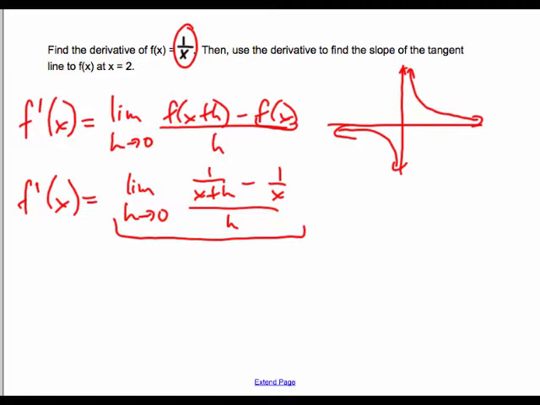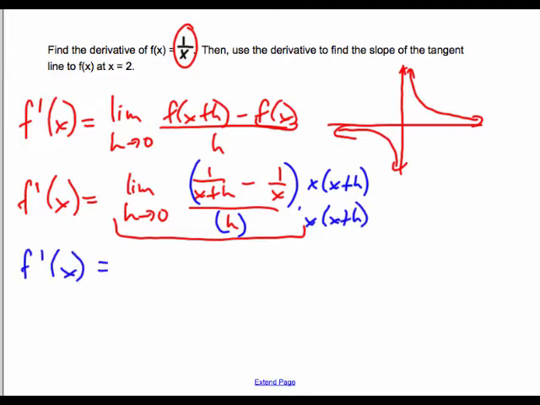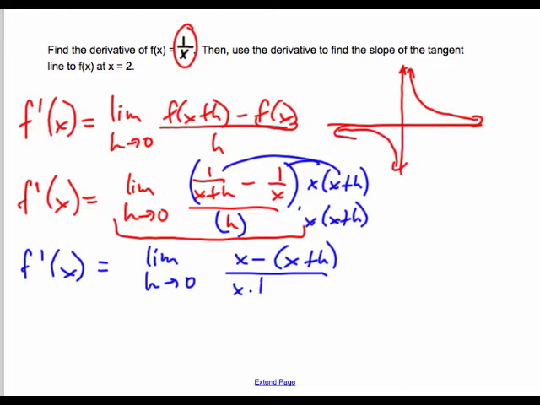Alright, so we have fractions within fractions. I'm going to multiply numerator and denominator by the common denominator of the numerator, x times x plus h. So the derivative is the limit as h approaches 0, distributing through. I would get x minus x plus h all over x times h times x plus h. I'm not going to multiply out on the bottom because I know to cancel I need things in factored form.